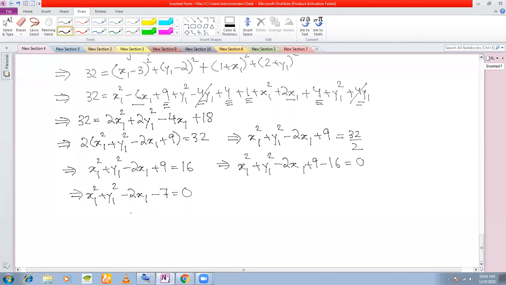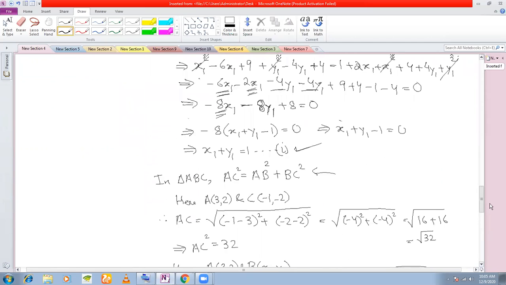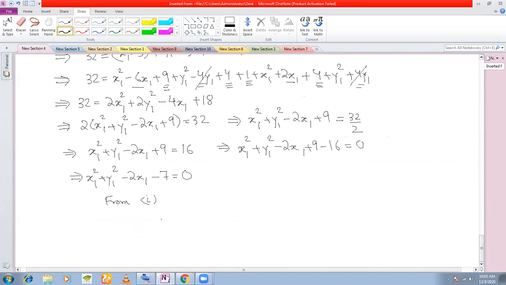You have got an equation, but the problem is this equation is in x and y. You only need an equation in x. So what will you do? You remove one of them. Okay, you know from 1 what do you have? From 1, what is the equation number 1 that we got? x1 plus y1 is equal to 1, right?